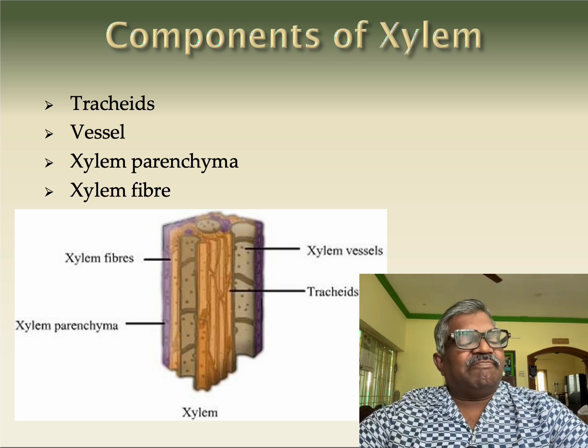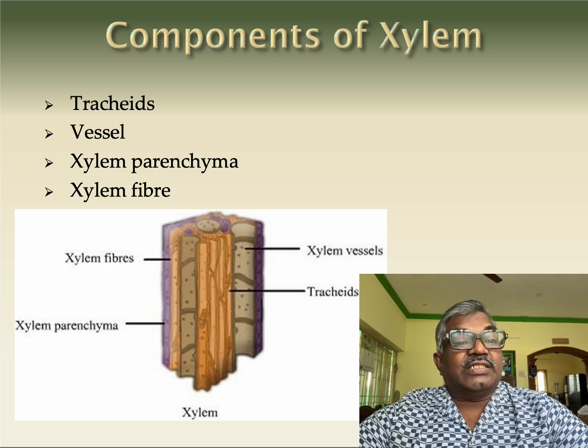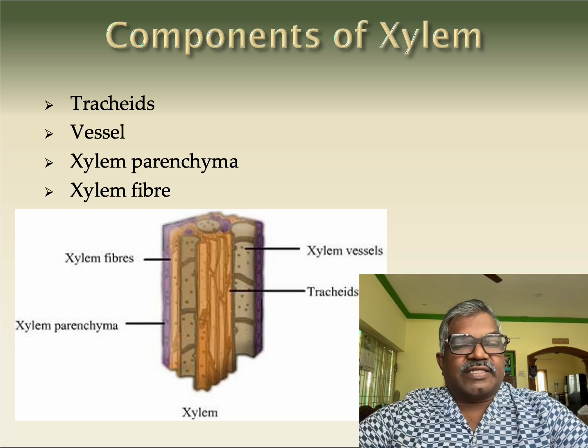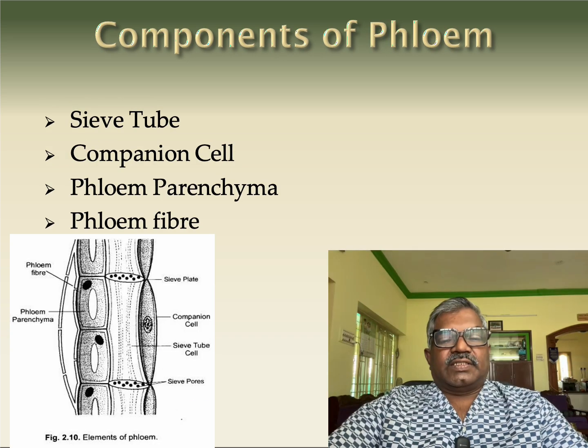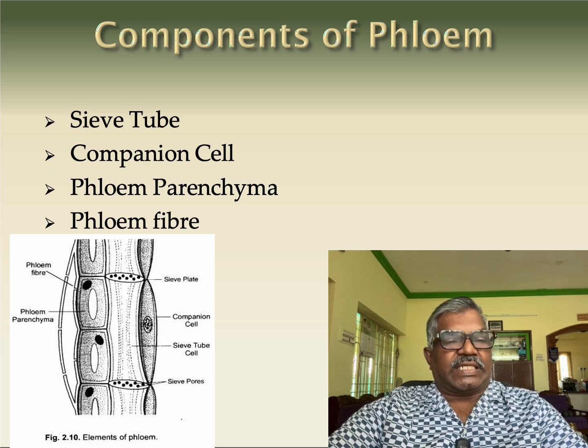Xylem parenchyma are the living elements, that means they are living cells. The other three components, tracheids, vessels, and xylem fibers, are dead cells. These are also very important, please note it down. Xylem tissue is responsible for conducting water and minerals.